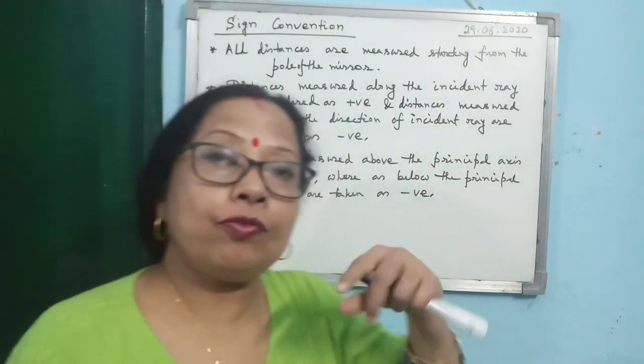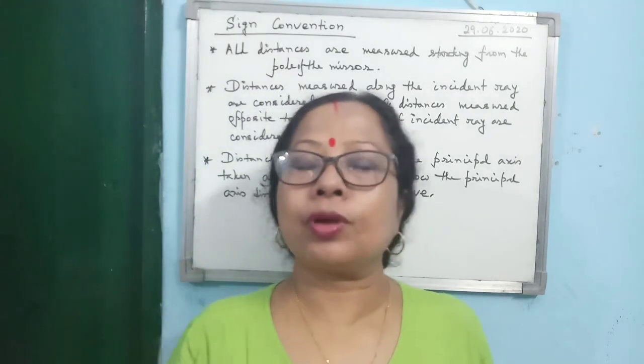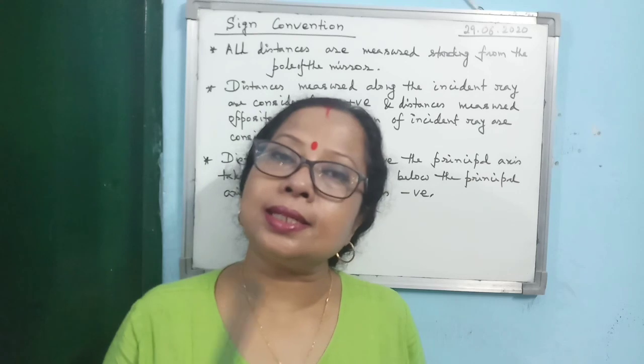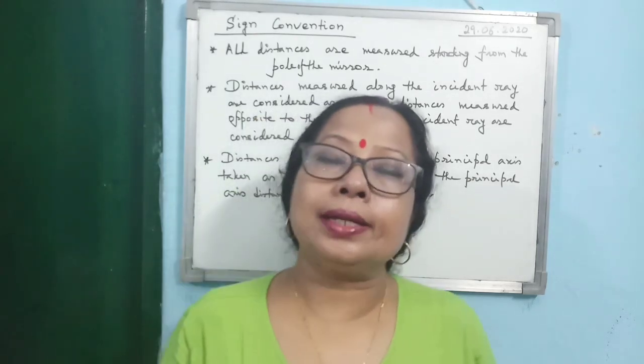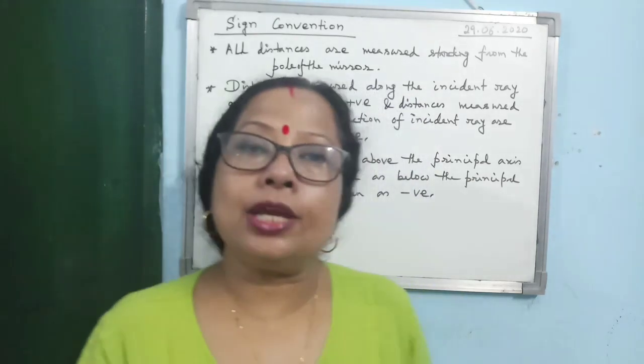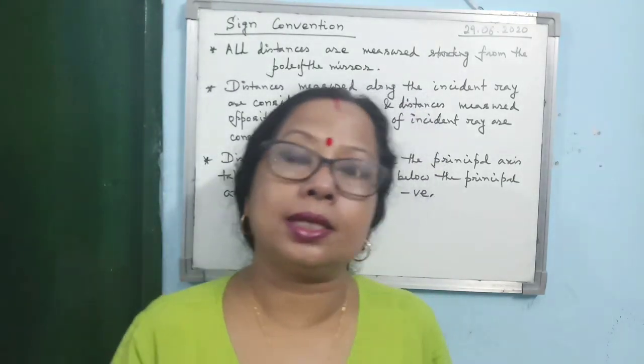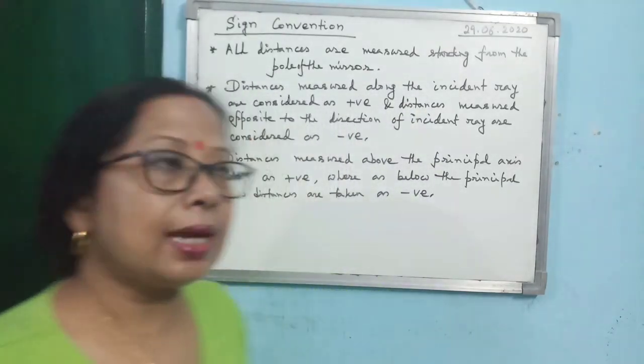Alright, then when you are measuring the distance starting from the pole, if you measure the distance along the incident ray, then it will be taken as positive, and if you measure the distance opposite to the direction of the incident ray, it will be taken as negative.